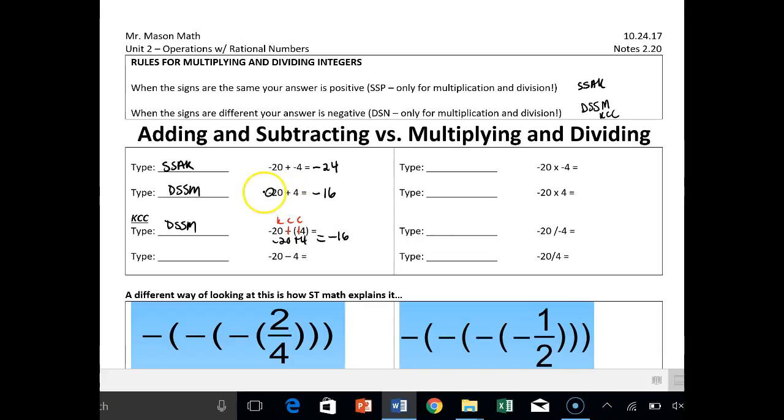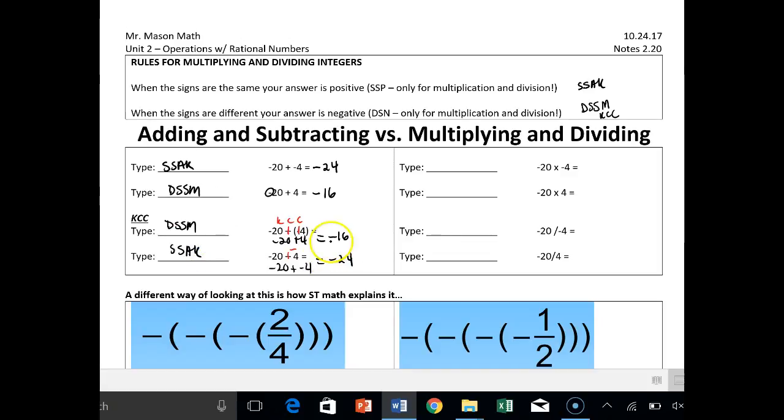Adding the opposite is the same thing as subtracting. Next one, we have keep, change, so plus a negative. So this becomes negative 20 plus negative 4. So again, this sign is SSAK, same signs add keep. So again, we've done this problem, it's negative 24.